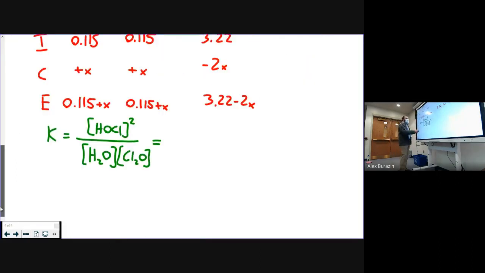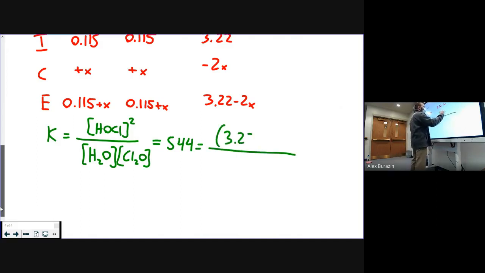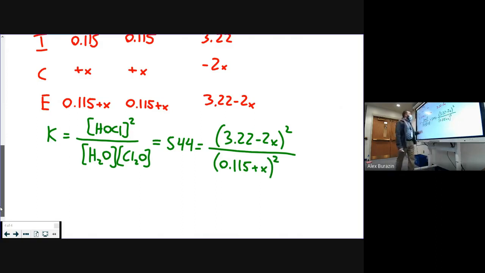Okay, so I have this, and this equals my equilibrium constant at 398 Kelvin, 544. And I can plug in what I know. What I know is my product is 3.22 minus 2x squared divided by 0.115 plus x squared. I have this term times that term, which is just squared.